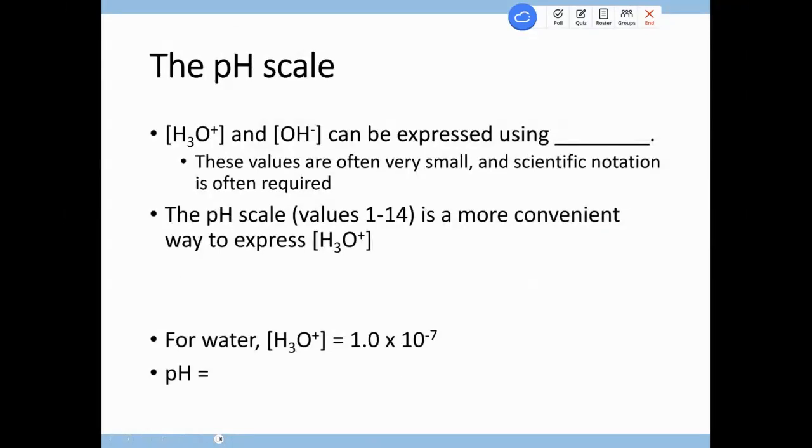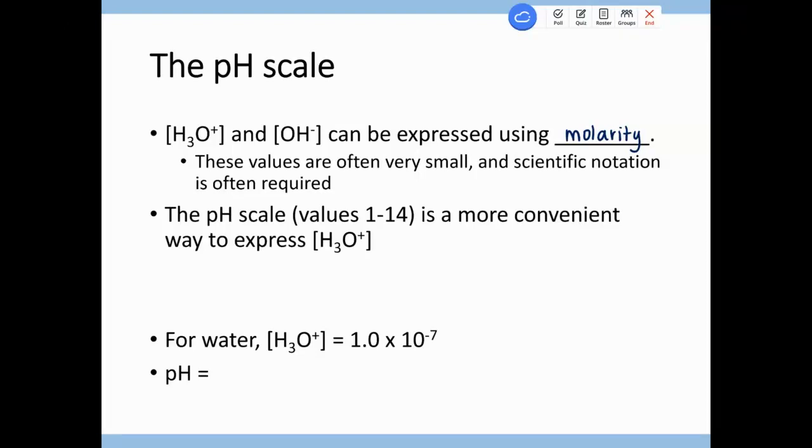So the pH scale. While H3O plus and OH minus concentrations, we're talking about concentrations here. Most common concentration unit is molarity. Remember, this is moles per liter. So for a weak acid, the amount of moles of that H3O plus or OH minus is usually really small for a lot of liquid.